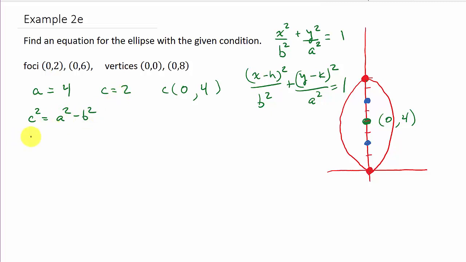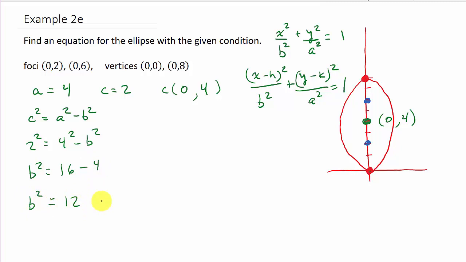So c is 2, so that's 2 squared equals 4 squared minus b squared. If I move the b squared over here, that's 4 squared, which is 16, minus 2 squared, which is 4, so I get b squared equals 12.